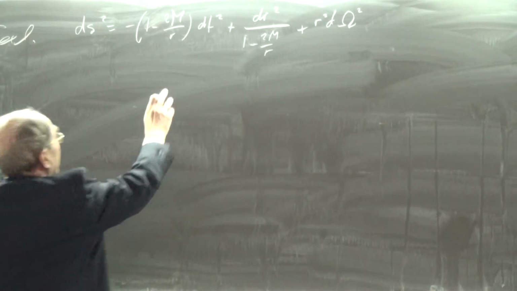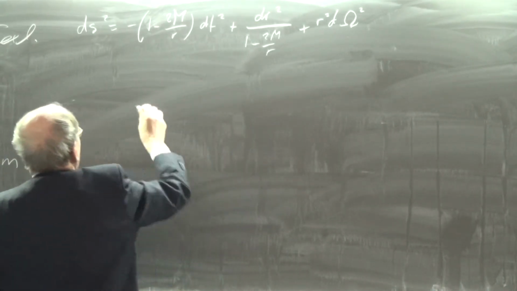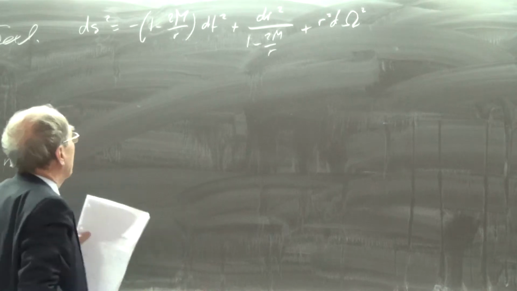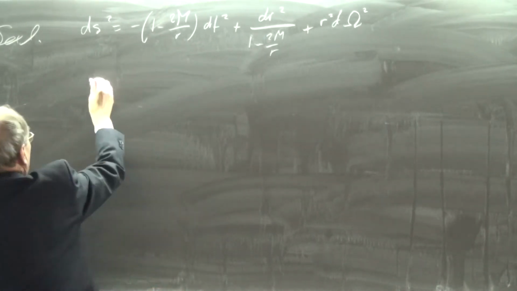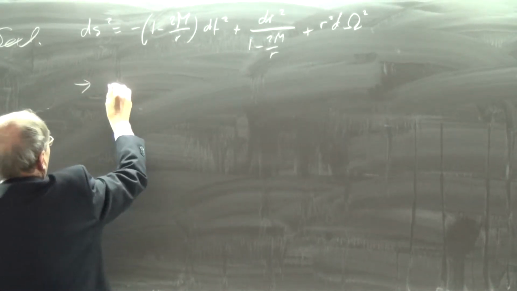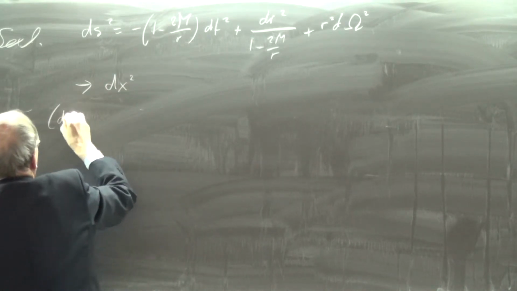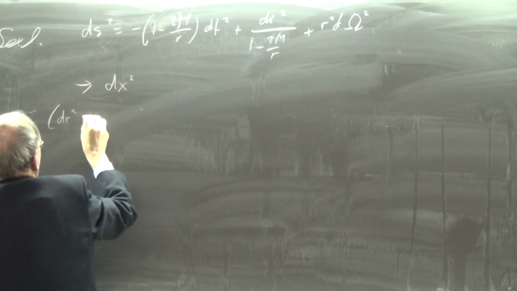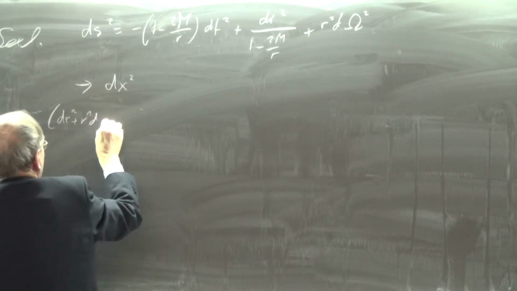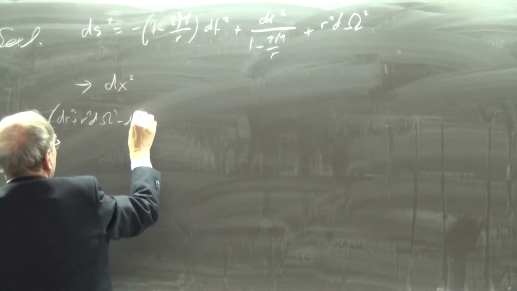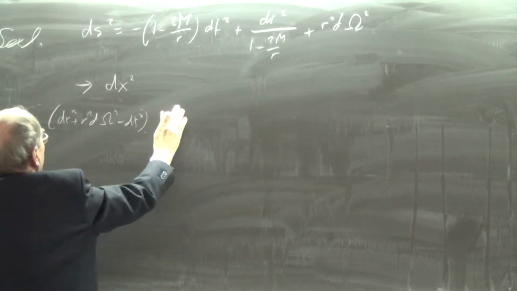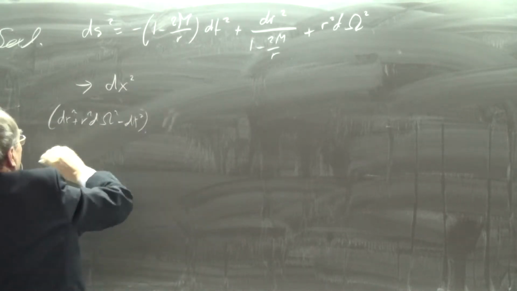I'm mainly concerned about these two things. If the mass is very small, then that becomes dx squared. The dx squared stands for dr squared plus r squared d omega squared minus dt squared, but I just abbreviate that by dx squared itself.